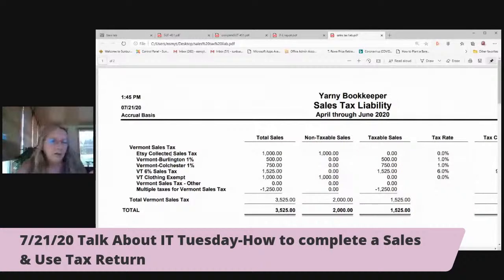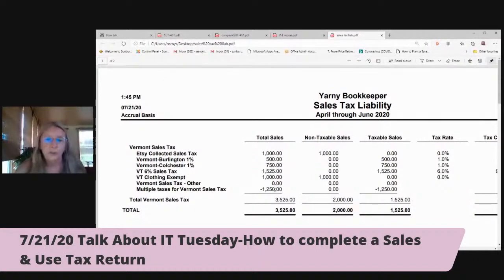But over here on the left, you can see I have my sales tax items. I would have another sales tax category called VT for Vermont, pattern sales, or just patterns exempt. And then I would see that I had $1,000 in clothing that I sold. And let's say I sold $500 worth of patterns.